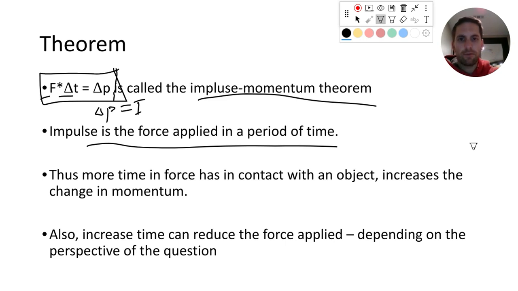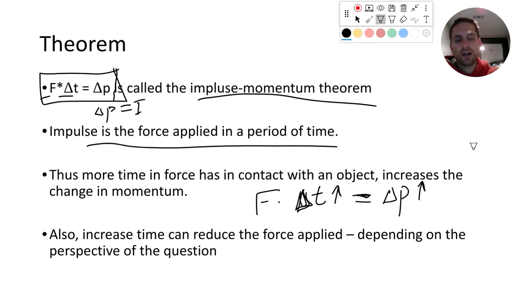And the more time force has in contact with an object, that will increase the change in momentum. Because if we keep the F the same, increase the t, the momentum will go up.